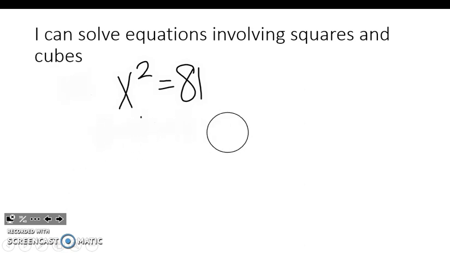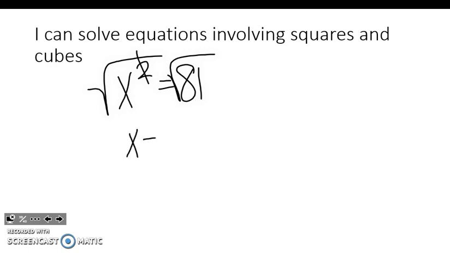When we square a value, the inverse of squaring a number is to square root it. So to get the x by itself, we're going to square root both sides. That shows us canceling out that exponent so that we have x equals, and then you just need to evaluate the square root of 81, which hopefully we all know is 9.